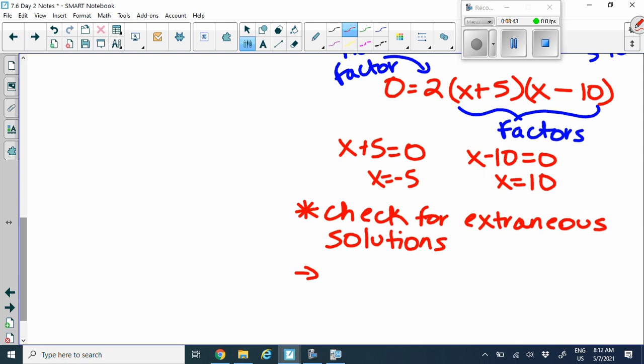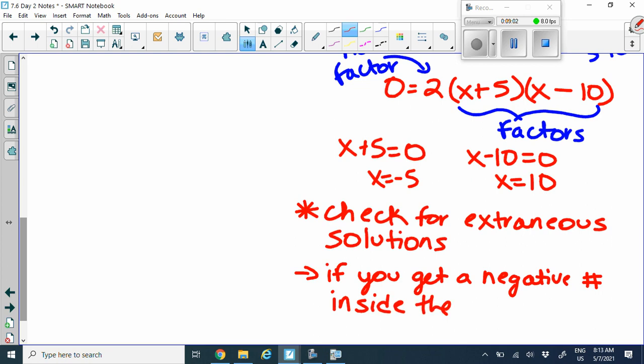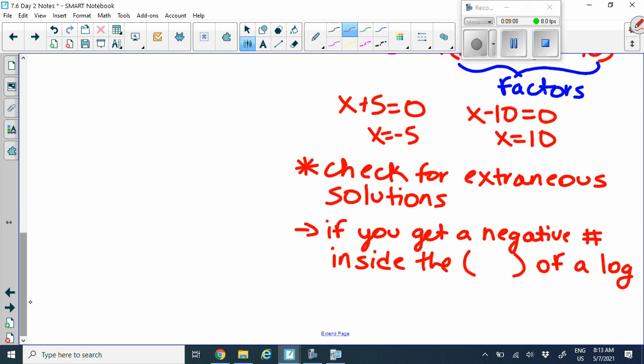If you get a negative number inside the parentheses of a log, that means the value is extraneous. Because this is what we need to talk about, okay?